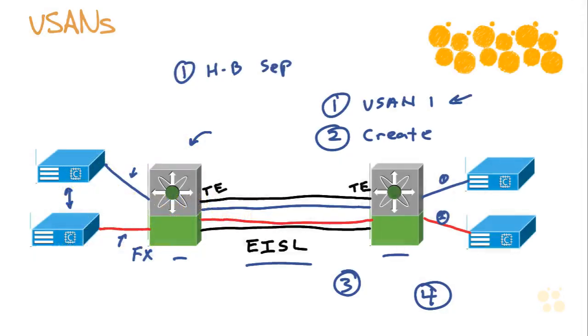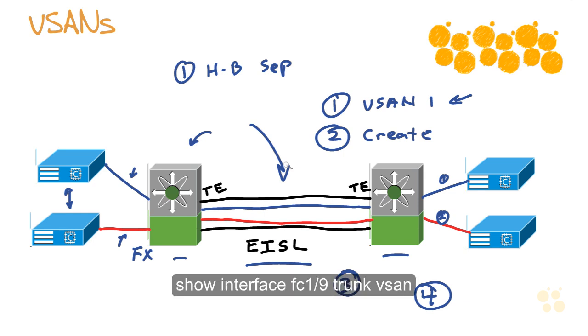Now, what about the situation where we are trunking our virtual storage area network? Well, use the show interface trunk command in order to determine which switch has VSAN allowed list configuration errors potentially. Remember, we use the switchport trunk allowed command in order to add VSANs to the allowed list on each of our trunks.